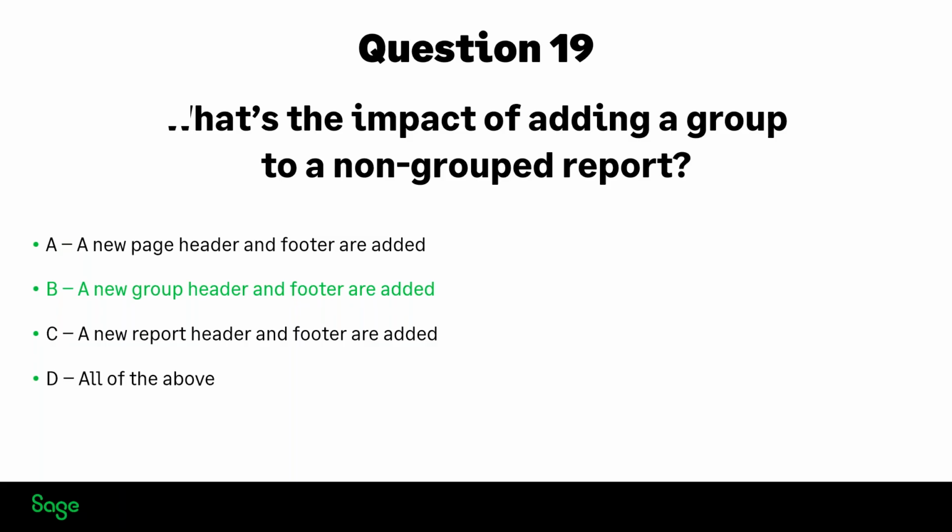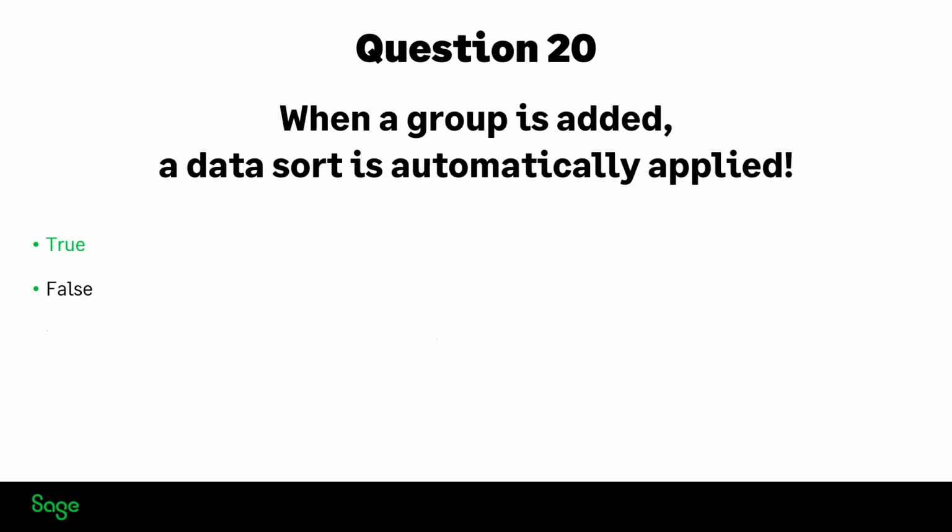And then question 20, the final question. When a group is added, a data sort is automatically applied. It's true. So it doesn't appear in the sorts list by default, but it will automatically apply a sort. You can change that if needed, but it will automatically apply one. So for instance, if you added in a group for the customer account reference, by default, those customer accounts will then be listed in account reference order.